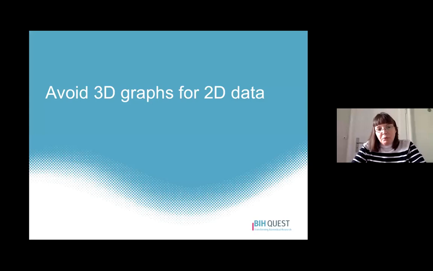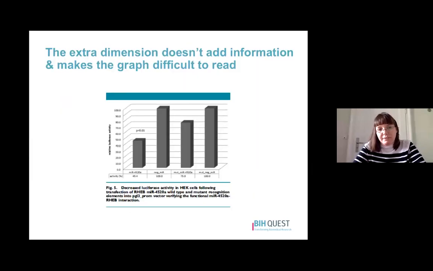And the last point, which hopefully everyone here is familiar with, is to avoid 3-dimensional graphs for 2-dimensional data. The reason for this is the extra dimension doesn't add any information, and it also makes the graph more difficult to read. So if I look at this third dimension, nothing, no information gained. And it's also confusing for readers because readers are never sure whether they should estimate based on the front or based on the back of the bar.